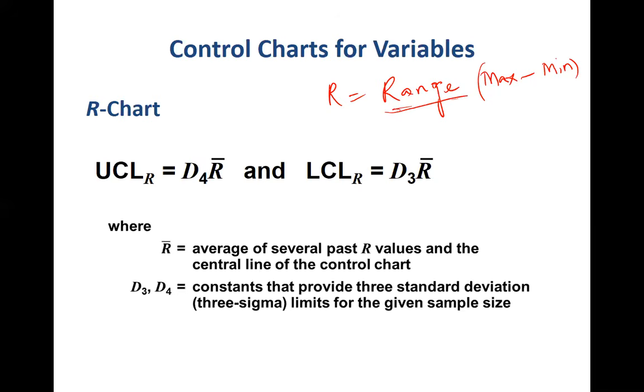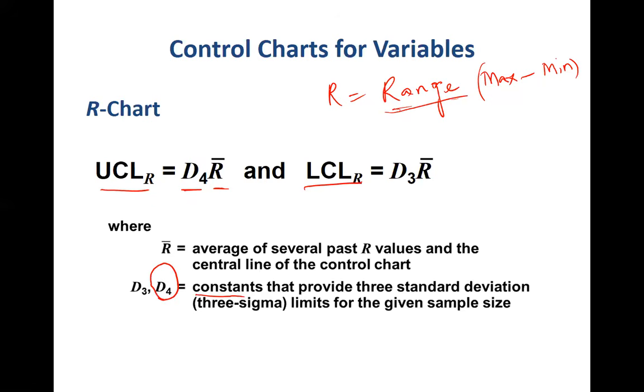You don't want products or services to be created with too much variance in them. The way an R chart has to be constructed is that you have to determine what the upper control limit and lower control limit for that R chart should be. To get the upper control limit, we have a formula, which is D4 times R bar, where D4 is a constant.